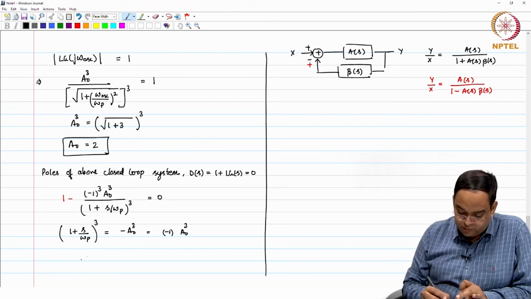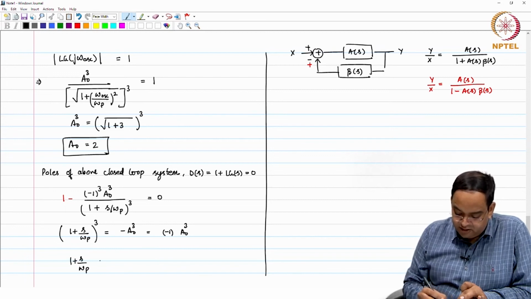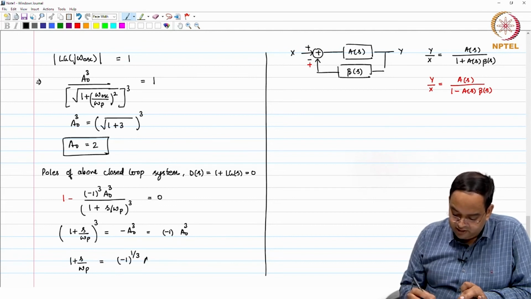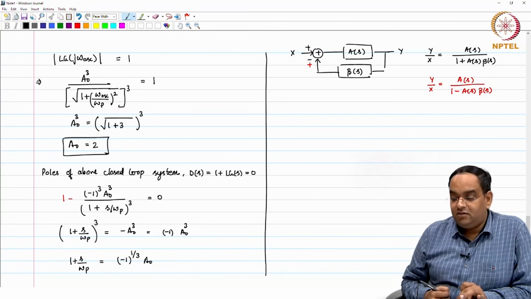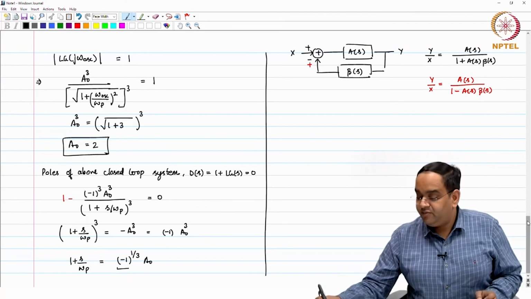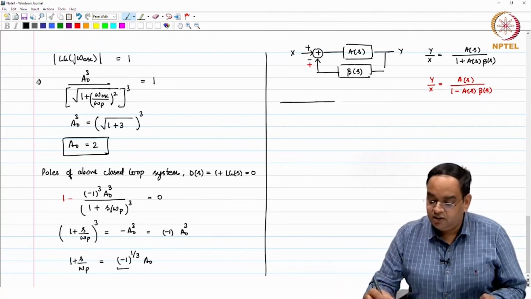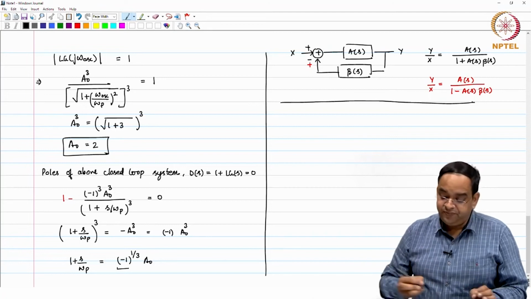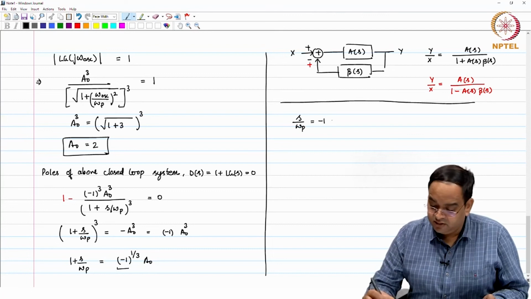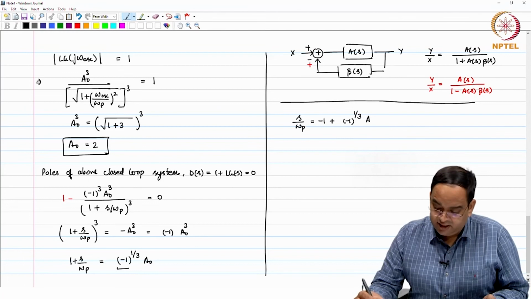So, for the closed loop poles, you have to take the cube root on both the sides. So, 1 plus s by omega p is minus 1 to the power 1 over 3 times A naught. Now, taking cube root of minus 1 can be done with the help of complex numbers. So, I can write s by omega p as minus 1 plus minus 1 power 1 over 3 times A naught.